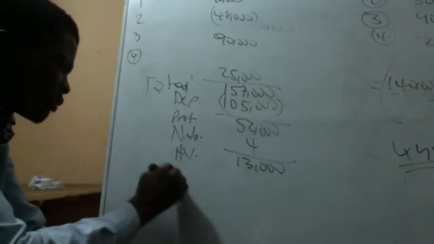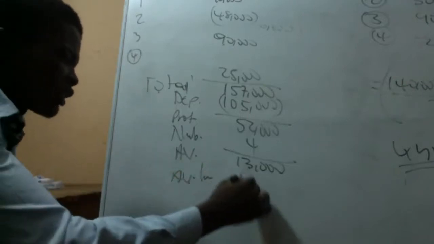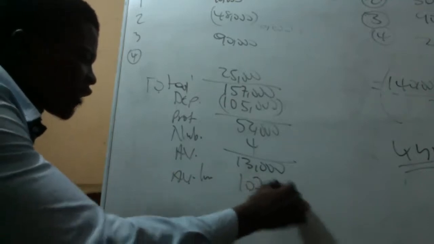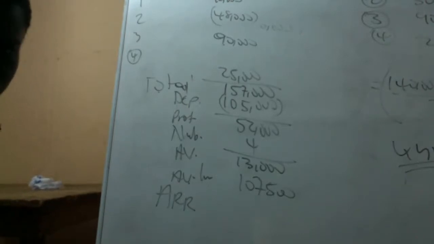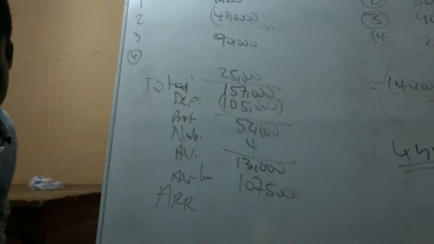So average investment is still 107,500. So ARR will be, the first workings I did is 52 over 107,500 times 100% is 12.1. Now when we use 13,000, still giving us the same answer.